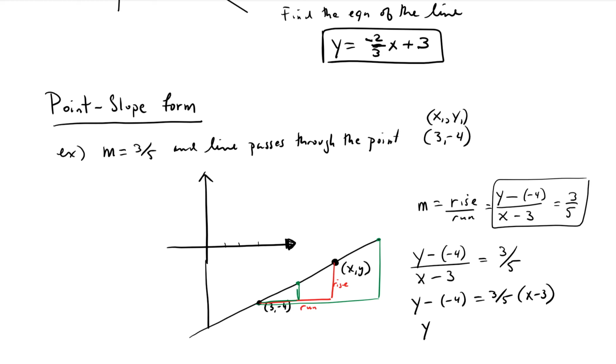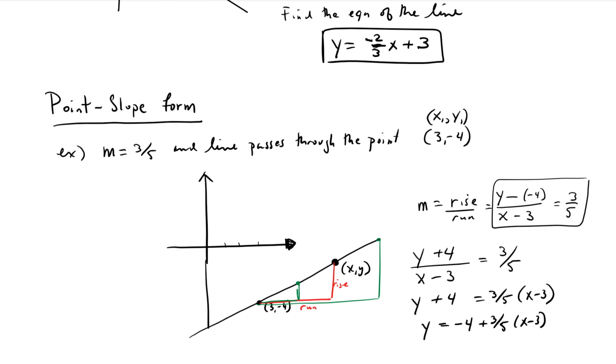And finally, I will add 4 to get rid of the minus 4. So I get 4 plus 3/5 times x minus 3. If you're a bit confused about y minus 4, you can always replace it here by y plus 4. Do the same here, and you do see that on the other side it becomes minus 4.